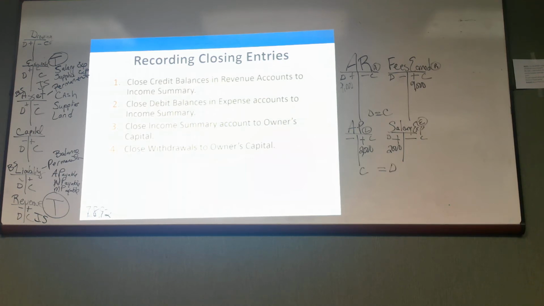Close out your revenue and expense accounts. You just have to remember to then close out the income summary account to owner's capital, right? Because remember that $15,000, we wanted to add that back to the capital account. So this is the journal entry that's needed in order to do so. And all of these are journal entries, just so you guys know.